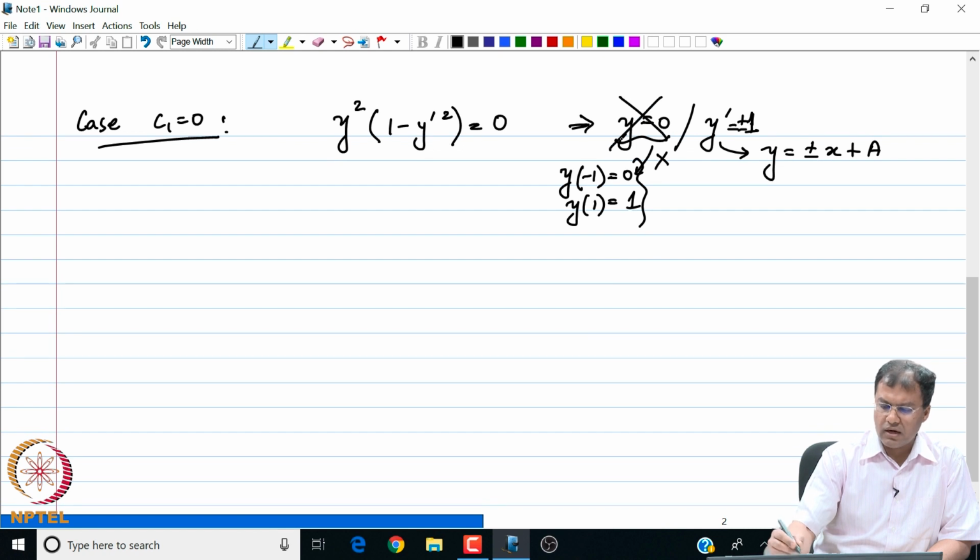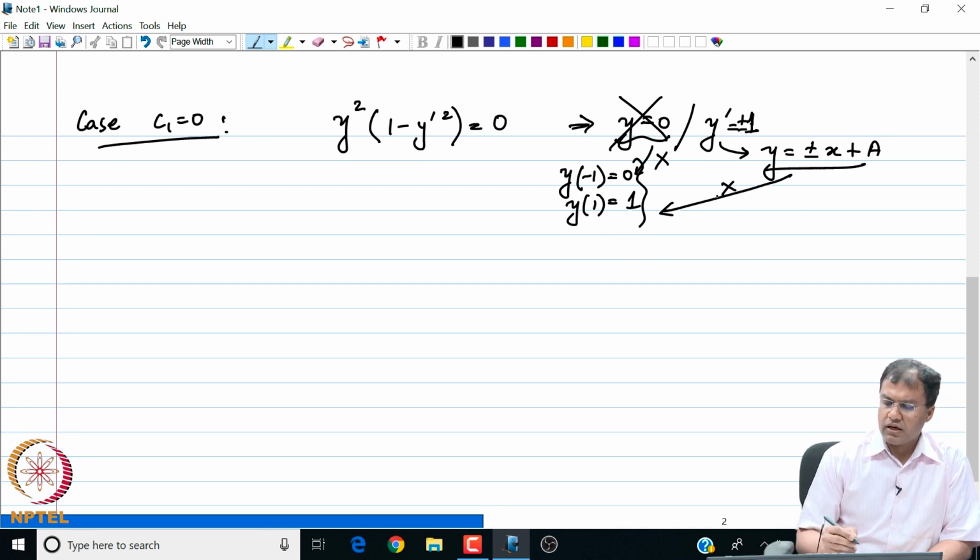So, this is not the solution that we are after, but notice the second solution. If I take y of minus 1 equal to 0, let me just assume students can check that even this solution does not satisfy both the conditions.